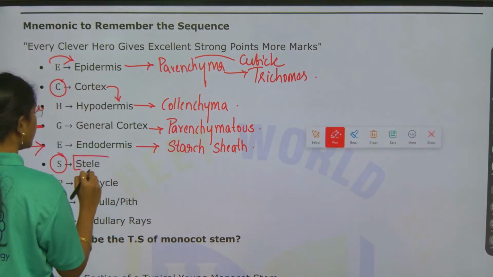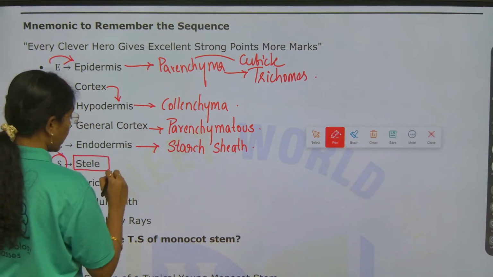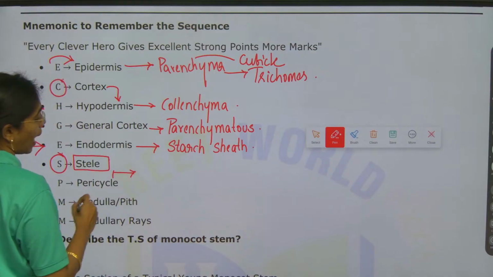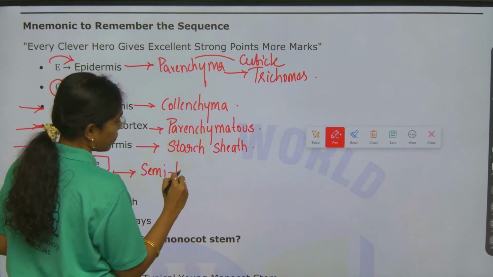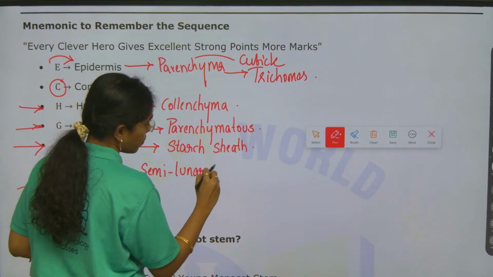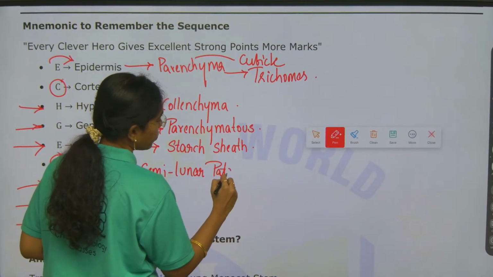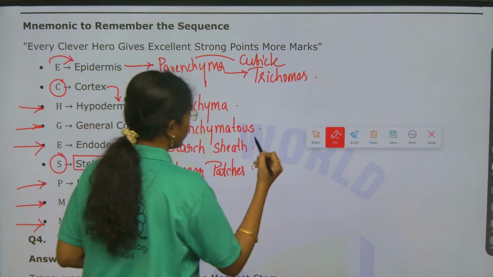Next, in the stele, pericycle has semilunar patches, which are sclerenchymatous.